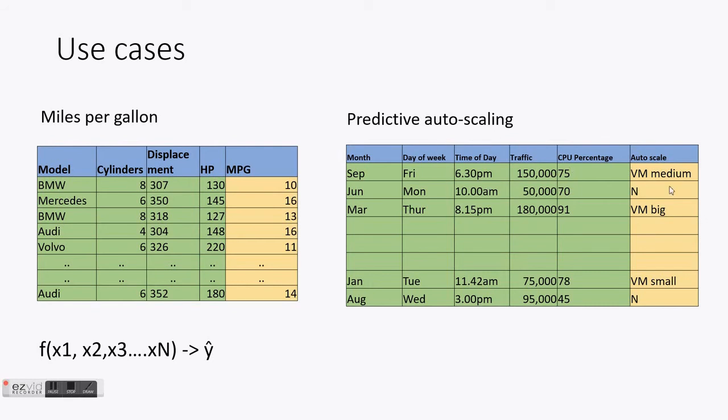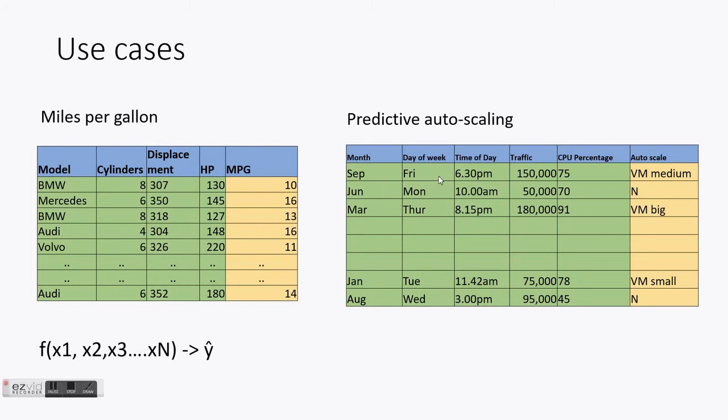And in the cloud, let us assume that we have an e-commerce website where we receive a lot of traffic at different times of the day, different days of the week and months, and we have historical data on whether we needed to auto scale our cloud platform or not.